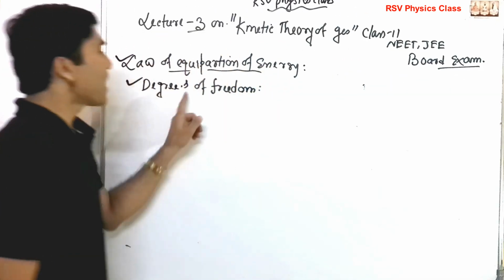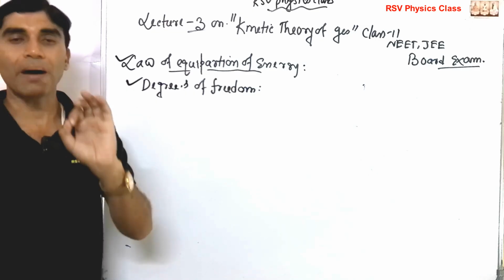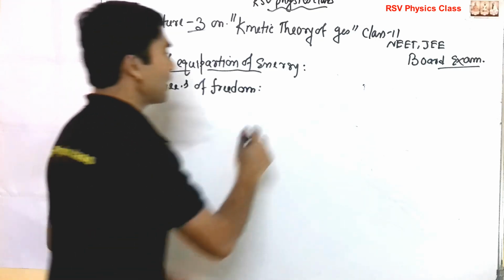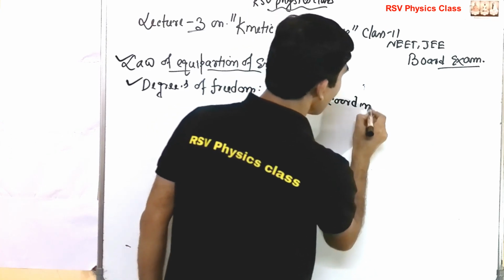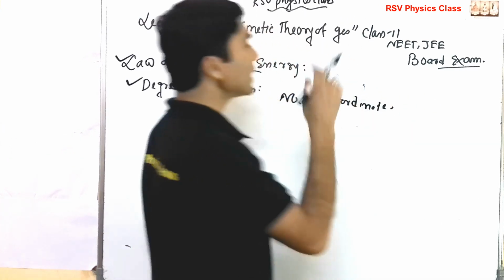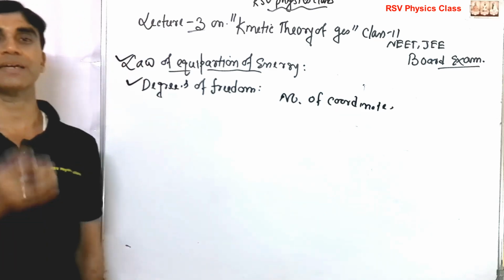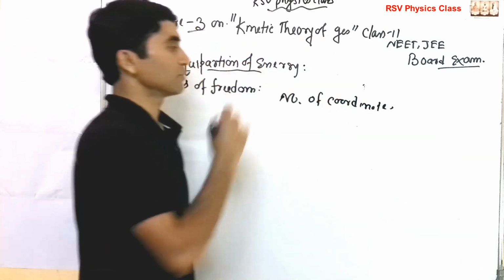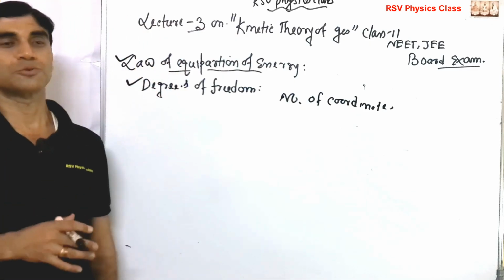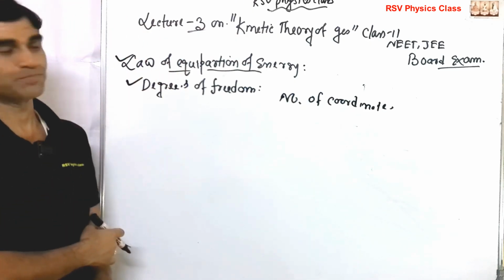Degrees of freedom is the number of coordinates required to locate any molecule or particle in a system. So how many coordinates are required to locate the position of the particle?